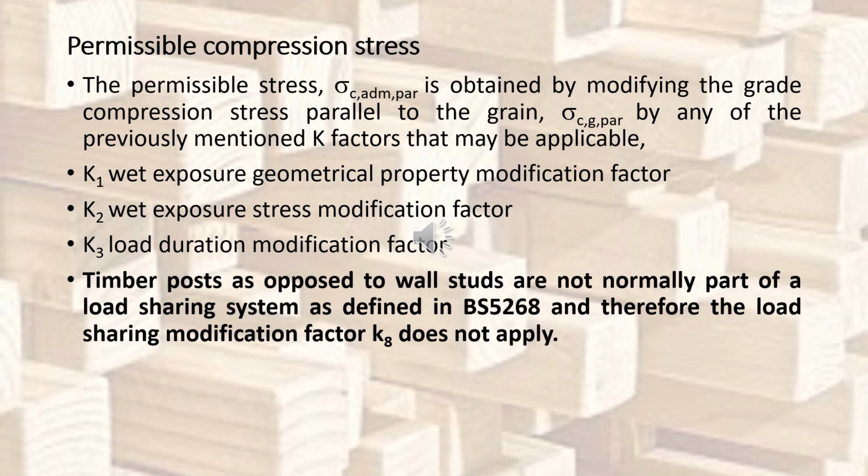The first factor you might consider would be K1, the wet exposure geometrical property modification factor. K2, wet exposure stress modification factor. And K3, load duration modification factor. Again, as it has been specified earlier, it depends on the situation.